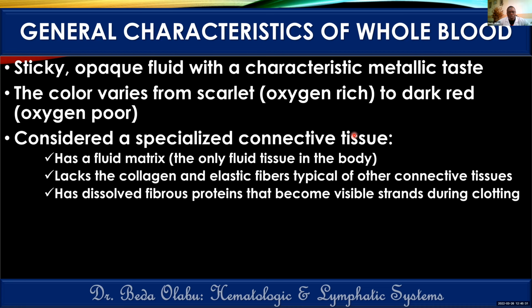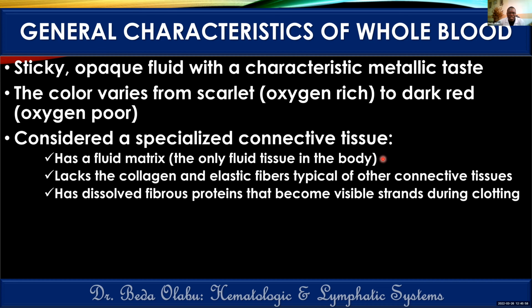Why do we consider blood as a specialized connective tissue? Remember generally that connective tissues have cells and matrix. The matrix consists of connective tissue fibers and ground substance. That's general for connective tissues. We consider blood as specialized connective tissue because the matrix of blood is fluid.